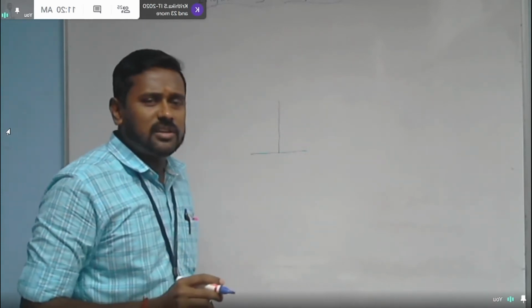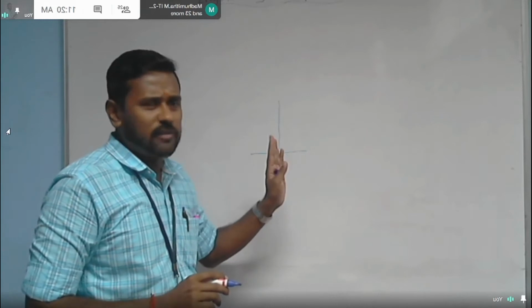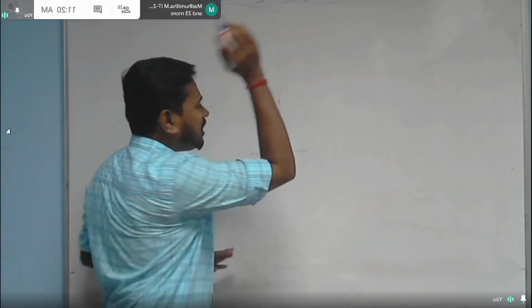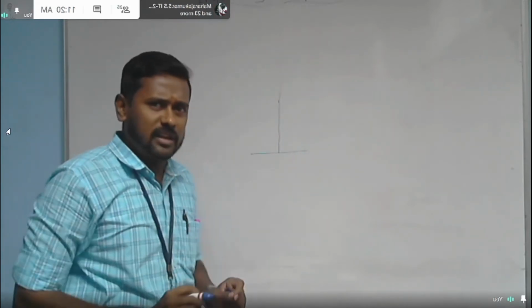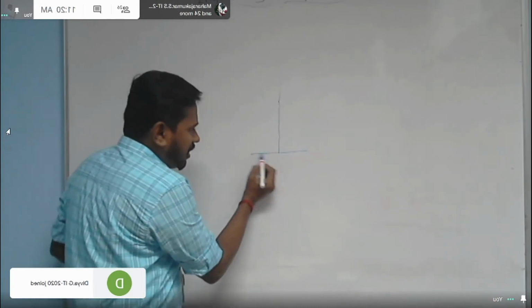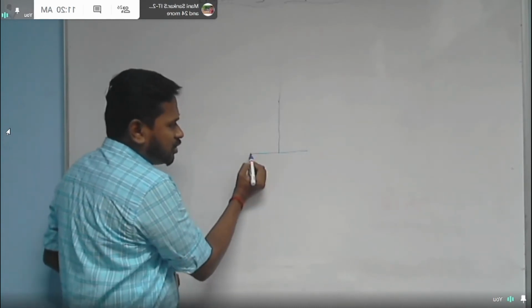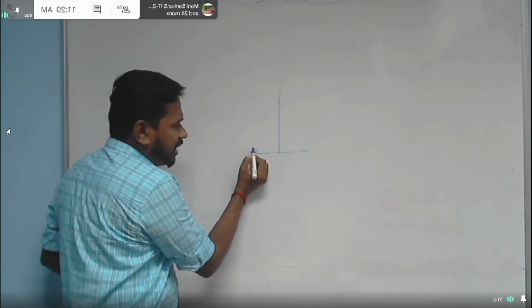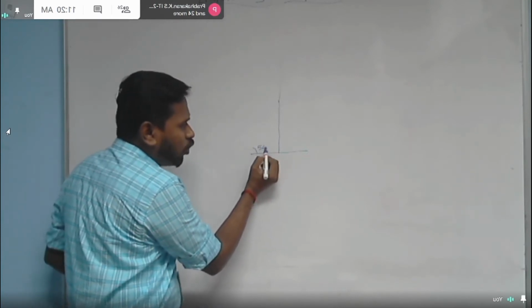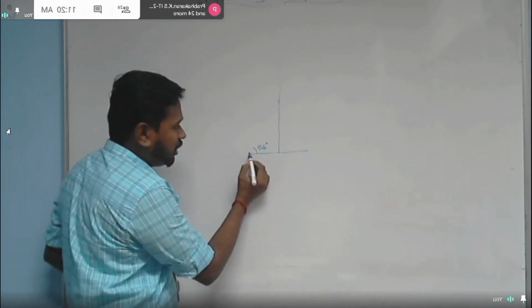The length of the line need not be a particular value. It's just like your construction line, and should be drawn in a very light manner. Then from any one end of this straight line, you need to draw an inclined line, inclined at 54 degrees.